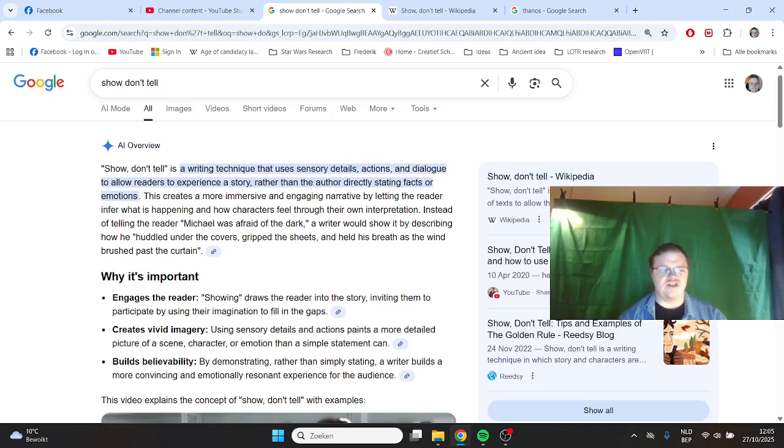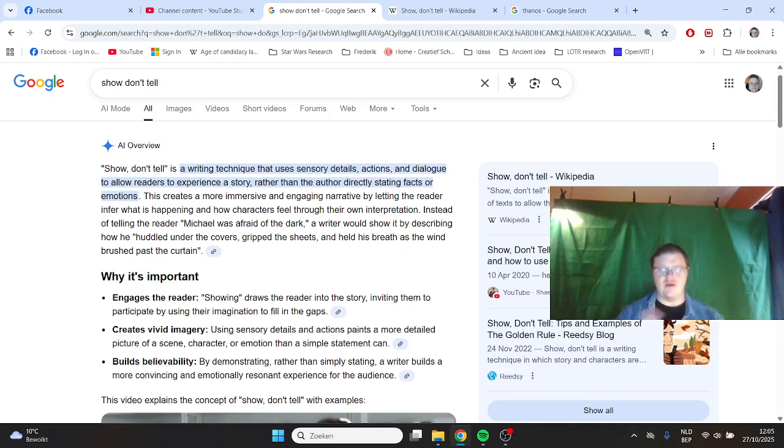You could have someone talking to somebody else in a conversation with witty dialogue, but you can also have, for instance, a literal scene showing what exactly is happening. For instance, the overview gives you the sentence, Michael was afraid of the dark. And you could, on one occasion, tell it like that.